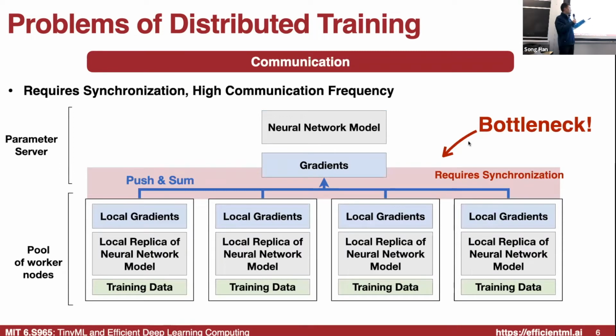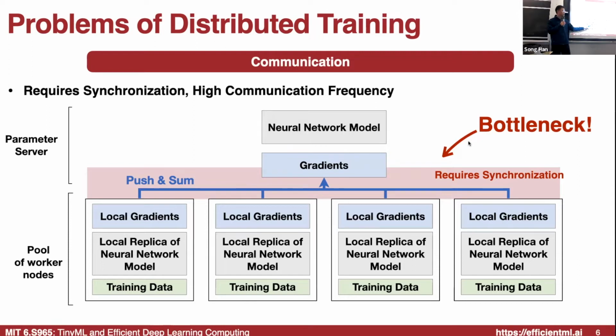Remember, we talked about this parameter server centralized training scheme, where we have a centralized parameter server that coordinates across different workers. We are using data parallelism. Each worker has its own copy of the training data.